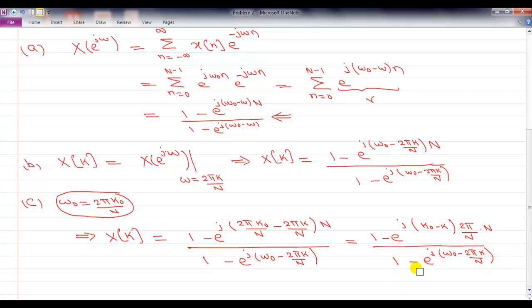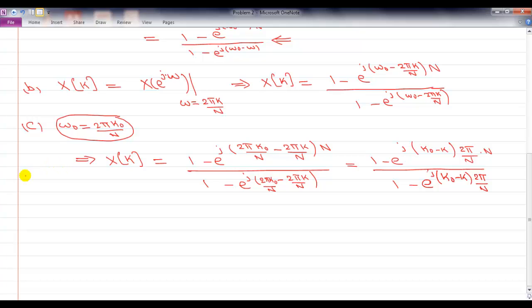I should actually replace this omega naught with 2 pi k naught over N, and then simplify this further, e to the j (k naught minus k) 2 pi over N.